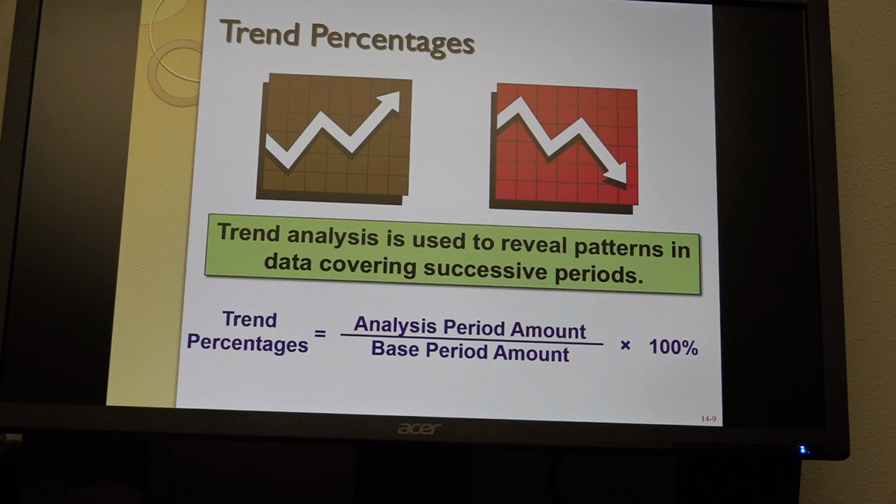That could be the previous year or 5 years past or something like that, some year in the past usually. And you're going to multiply that percentage times 100%.